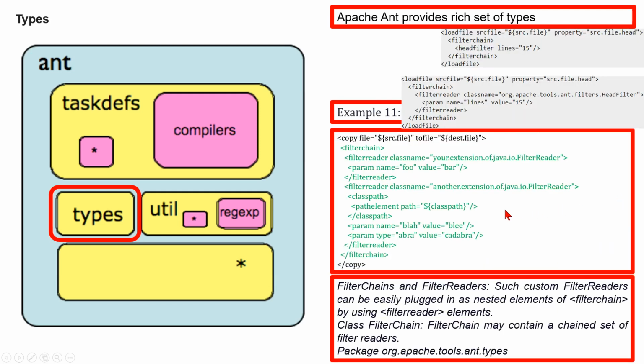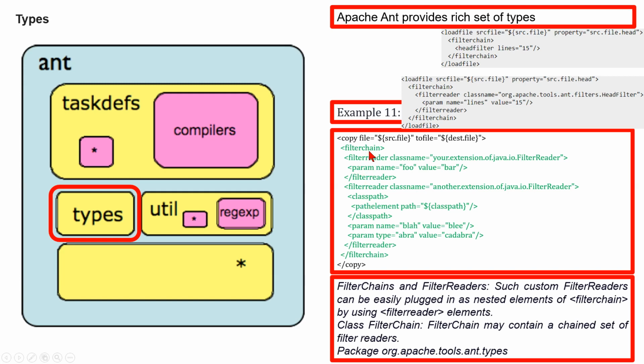Now we are considering filter chains and filter readers. Such custom filter readers can be easily plugged in as nested elements of filter chain by using filter reader elements. With regarding API, we can consider class filter chain. Filter chain may contain a chain set of filter readers.